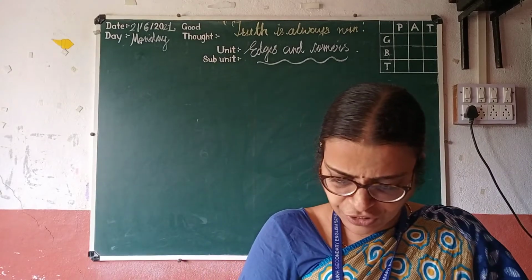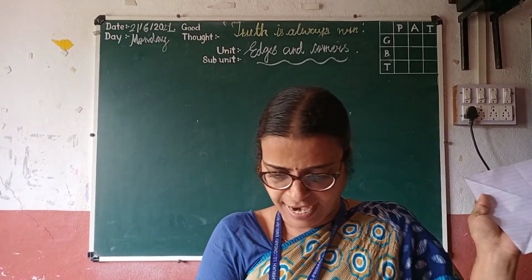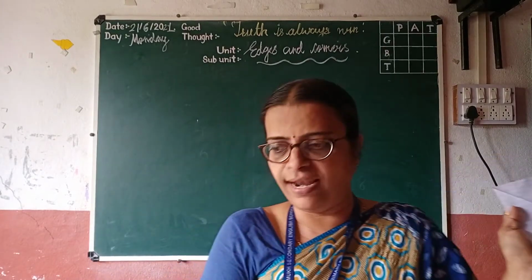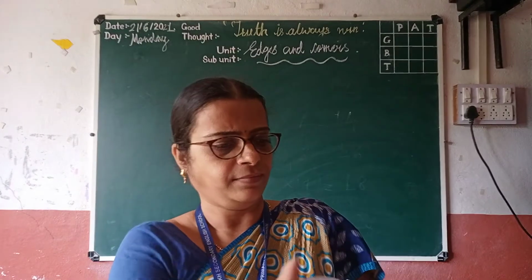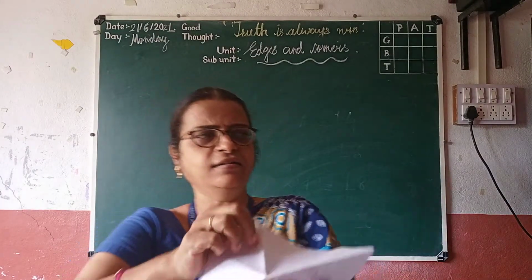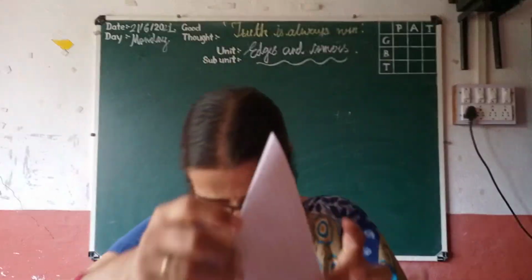Then, fold the handkerchief in the middle from top to bottom as well as from side to side to see if the opposite sides are of equal length. Look here, this is a handkerchief. I am folding here. This is the opposite side.